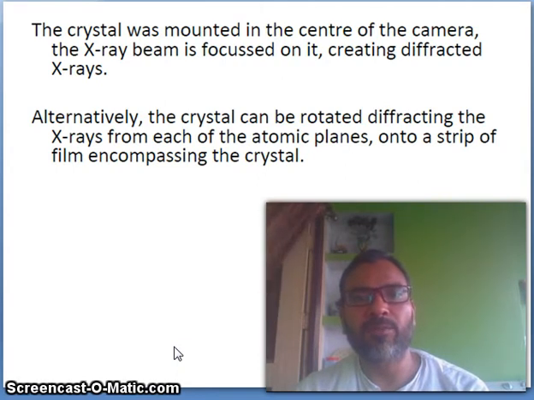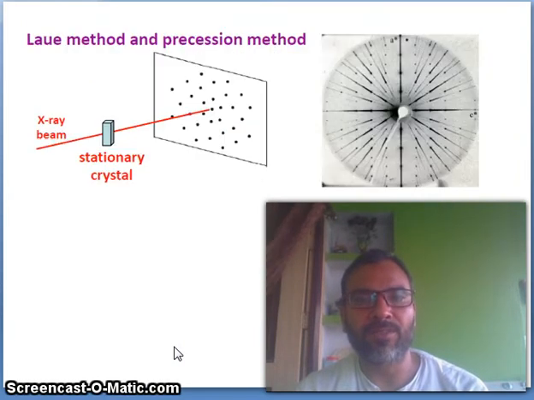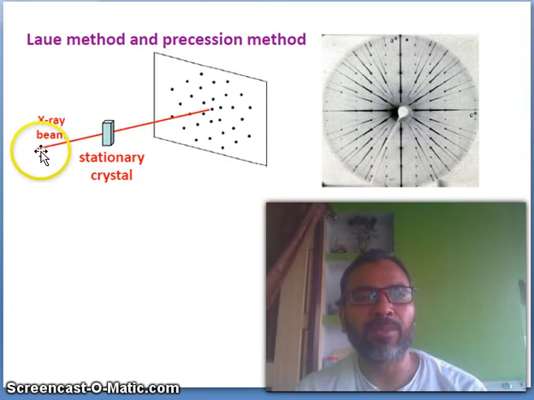Alternatively, the crystal can be rotated, diffracting the X-rays from each of the atomic planes onto a strip of film encompassing the crystal. So there are the Laue method and precession methods. You see here the X-ray beam, provided by engineered techniques.